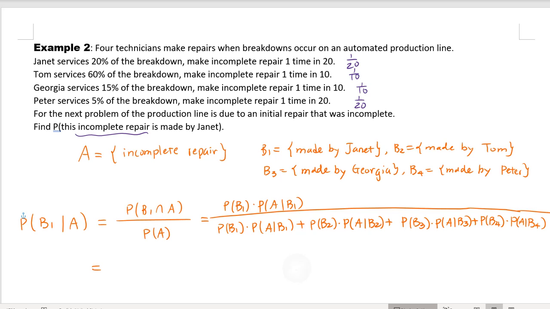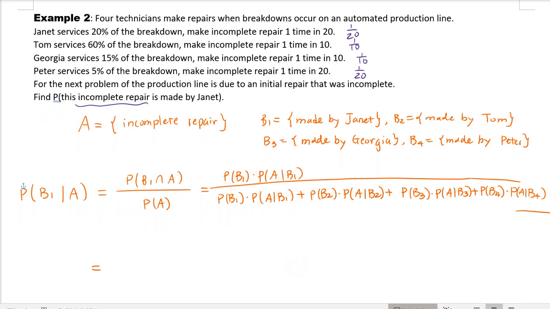Alright, so P of B1. Jeanette serviced 20% of the breakdowns. So 20% is 0.2, right? So 0.2 times, and the probability of an incomplete repair is 1 over 20. So P of B1 is 0.2 times 1 over 20.